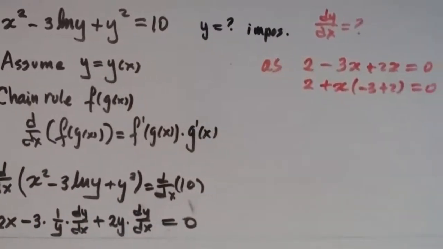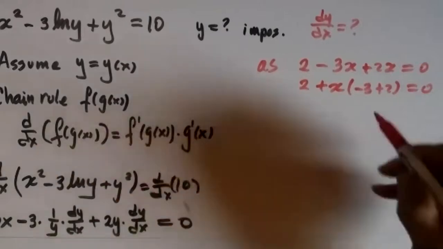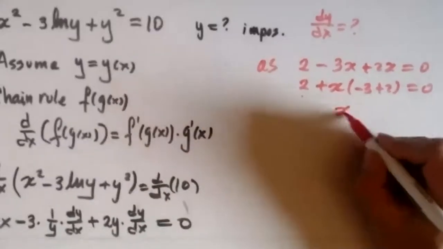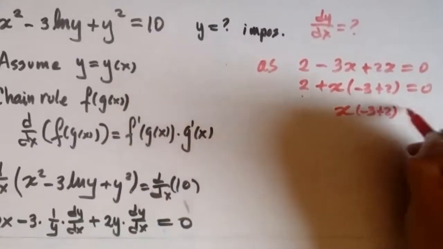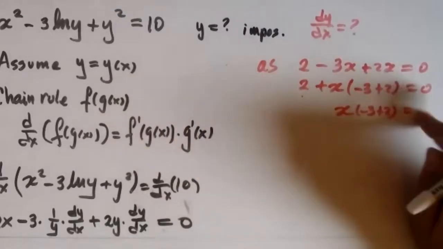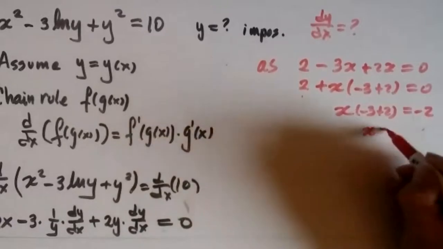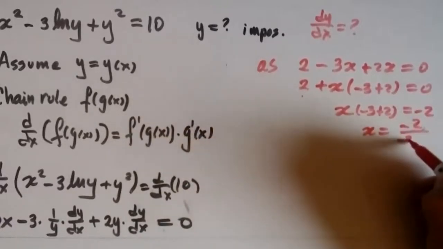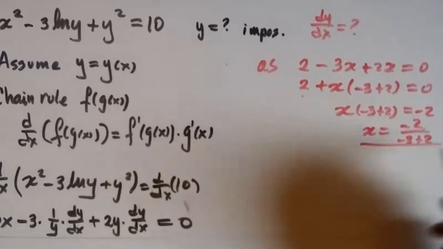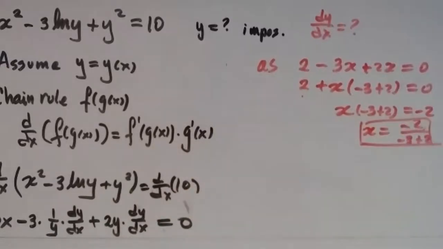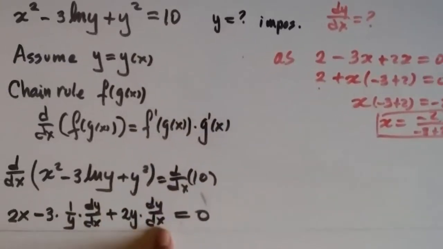That is what you do, right? And then you move the 2, so x times (negative 3 plus 2) equals negative 2. And then you divide by the parentheses. So x equals negative 2 over negative 3 plus 2. I purposely am not doing the operations because I'm going to do exactly the same right here.